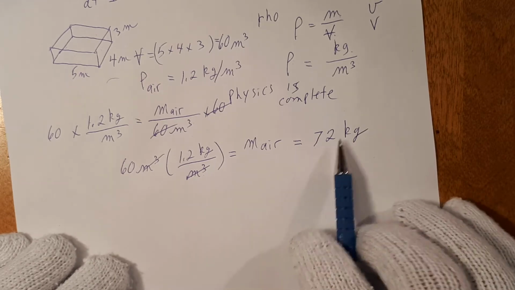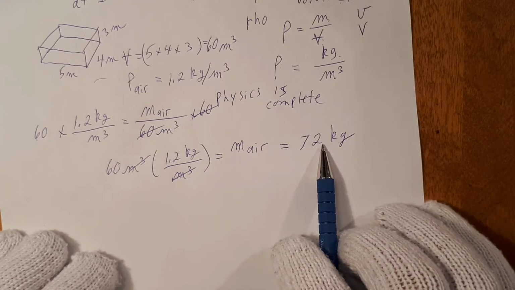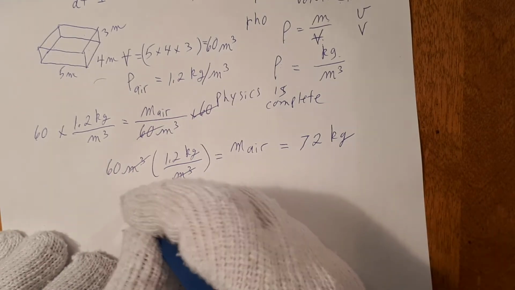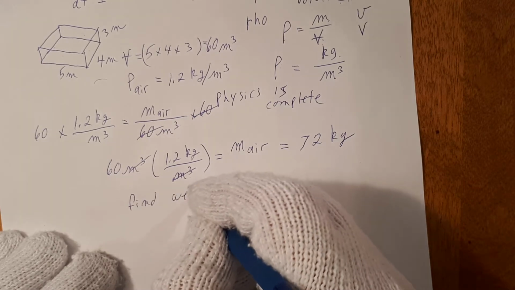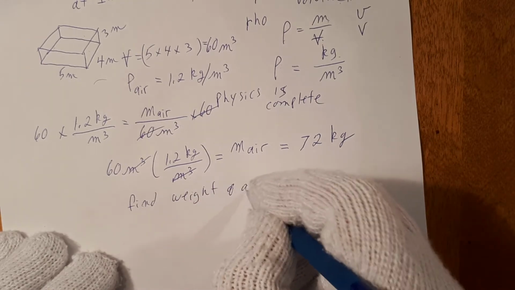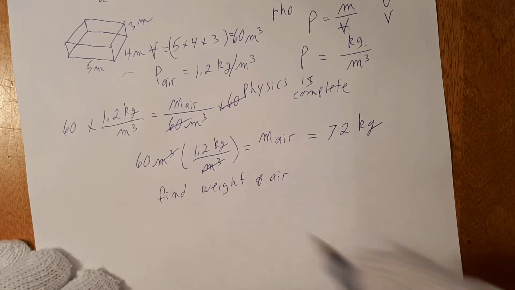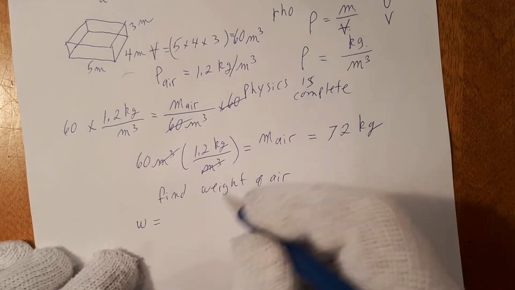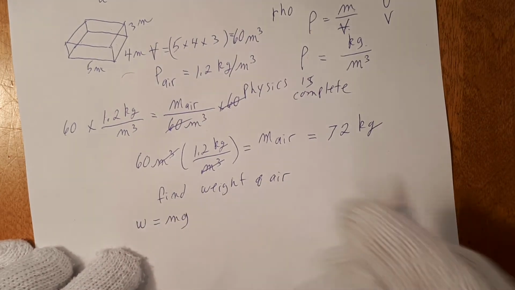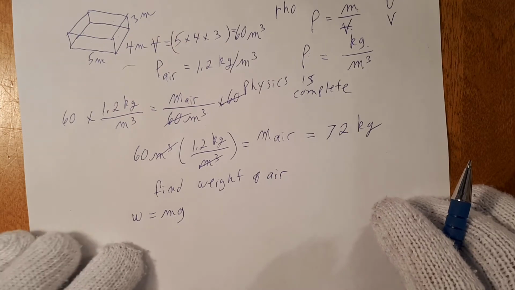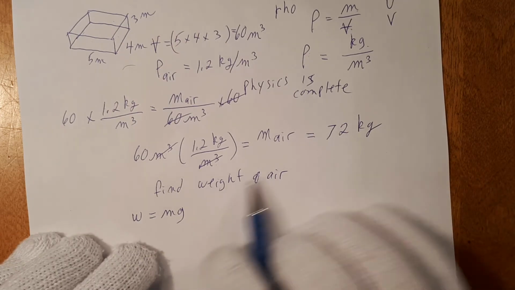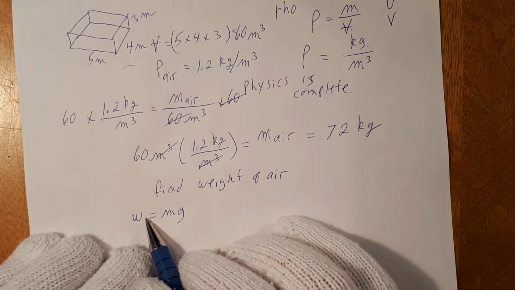So what is the actual weight of 72 kilograms in the metric system? Find the weight of air. And we know from the past that weight is equal to mass times the acceleration due to gravity. We know the mass. We know what g is. We just simply calculate and define weight.